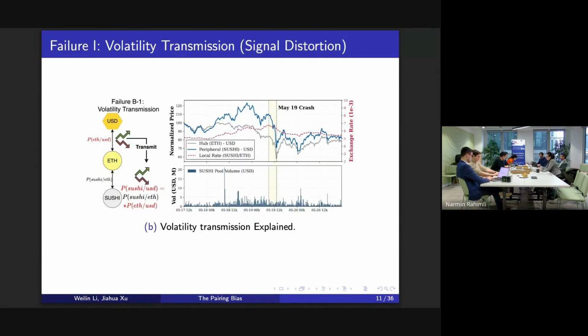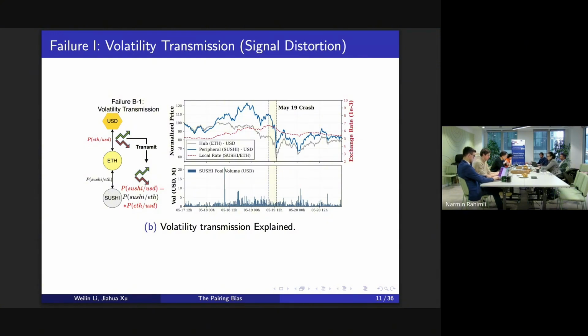I gave an example of an increase, and here I give another one of a decrease. There's a market crash where Ethereum dropped by maybe 40%, and we can see on the graph that the blue line is an asset called Sushi, which is a fork of Uniswap. It followed Ethereum and dropped by about 40%. However, if you look at the red line, the local exchange between Sushi and Ethereum, it is almost flat with a little bit of downside, definitely not 40%.